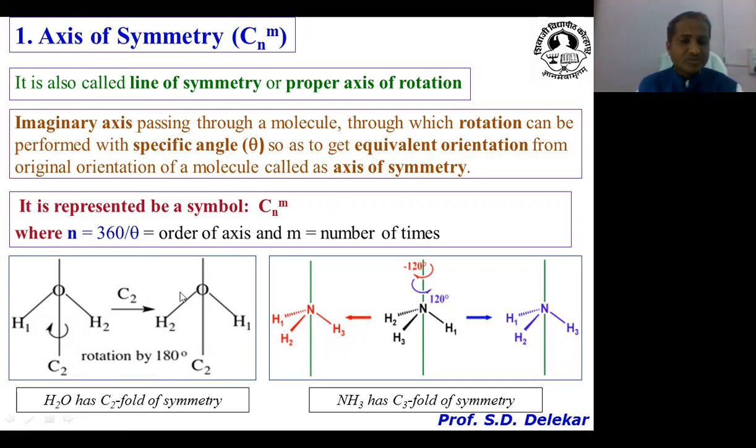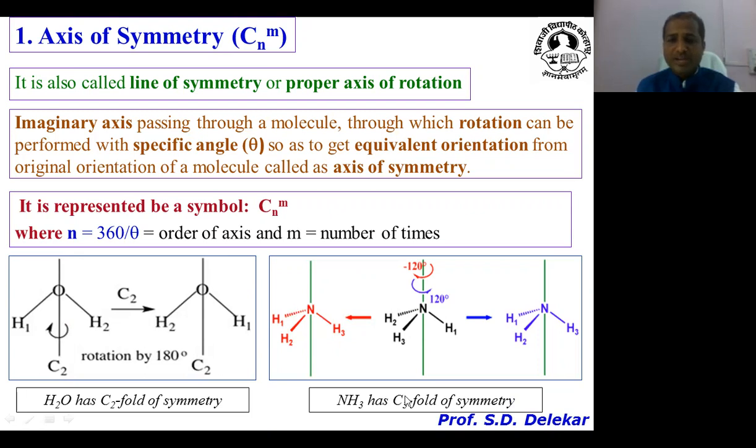The conversion from orientation one to orientation two is symbolically represented as C2^1, meaning one time two-fold axis of symmetry. If you perform it one time on the water molecule, you get the new orientation, and if you perform it a second time, two times two-fold axis of symmetry, you get the original orientation of the molecule. This is one example: water has a two-fold axis of symmetry.